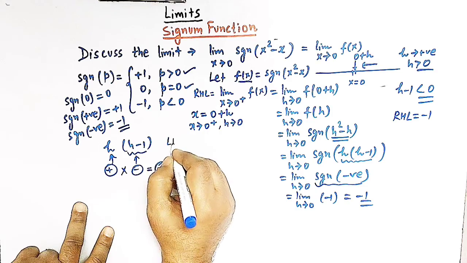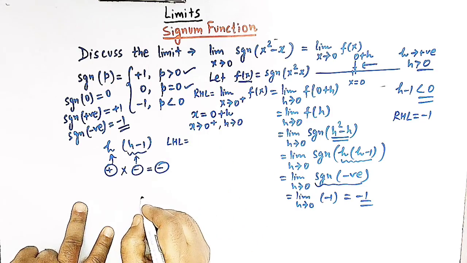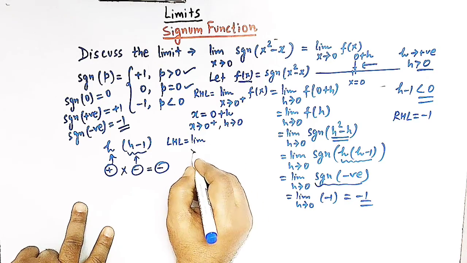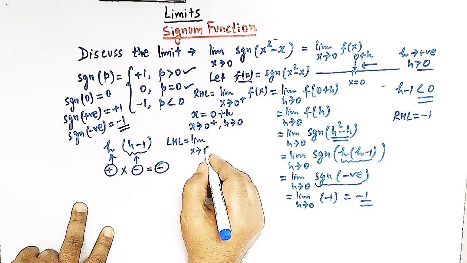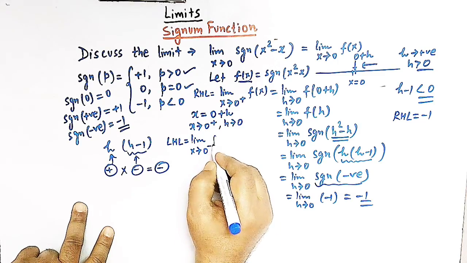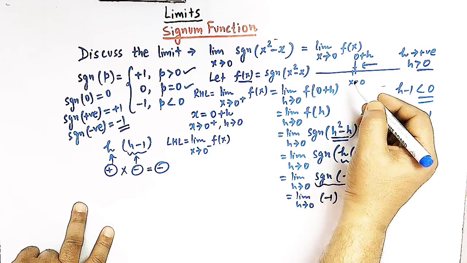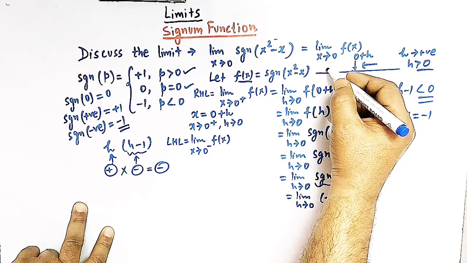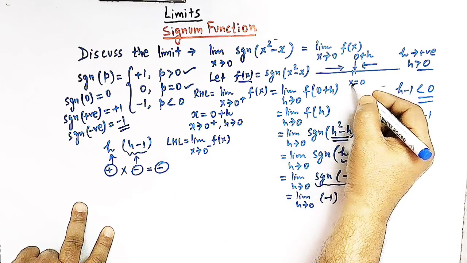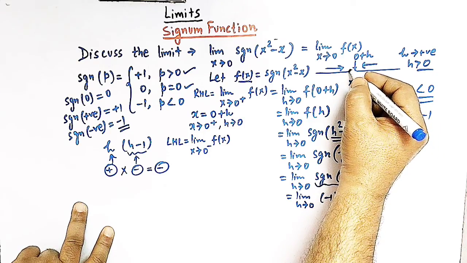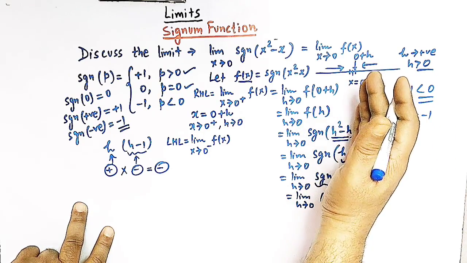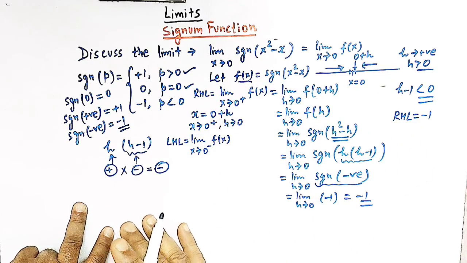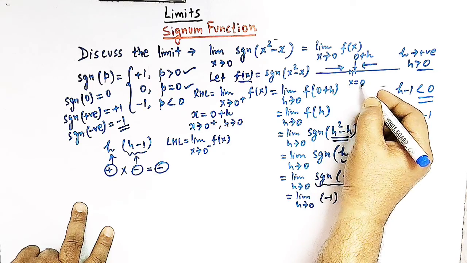So now let us find out the value of left hand limit. So the notation for left hand limit is limit x tends to 0, here we put a negative sign, and here we have f of x. So when we calculate the left hand limit, then we proceed from the left of x is equal to 0, and we arrive at a point which lies towards the left of x is equal to 0, but it is very close to x is equal to 0.